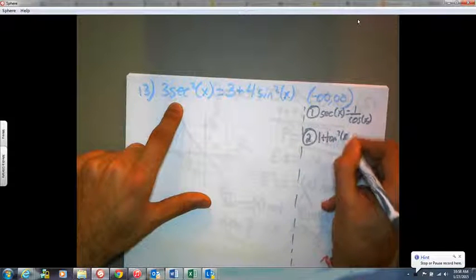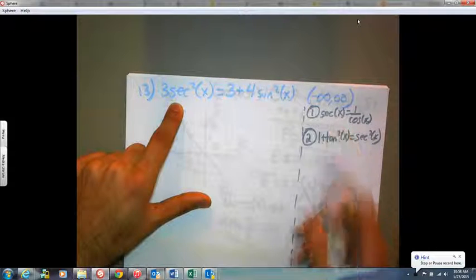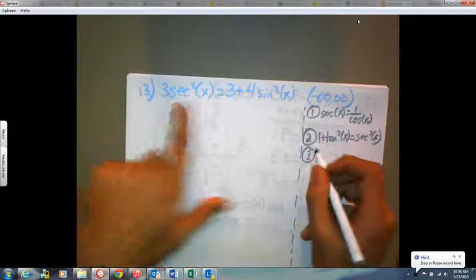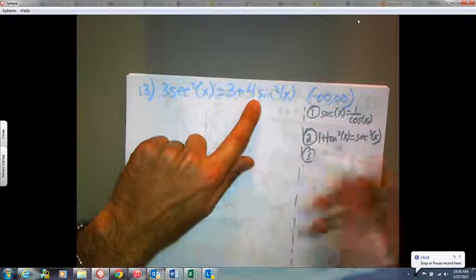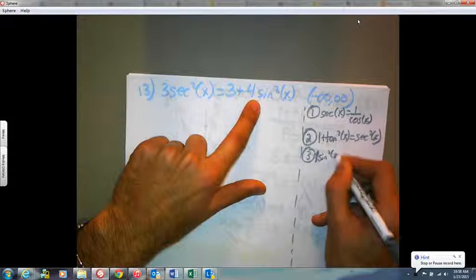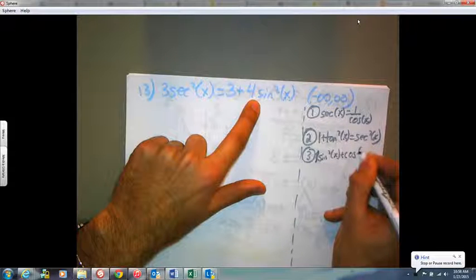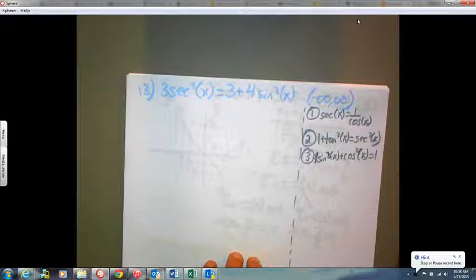That's a Pythagorean identity. The first one was a reciprocal identity. Clearly there's no identity on the 3, no identity on the 4. Sine squared, we know that sine squared plus cosine squared, the first Pythagorean identity, equals 1. So those are the 3 possible identities. Who knows which one we're going to use? Because we don't know going in, but we want to just write them down.